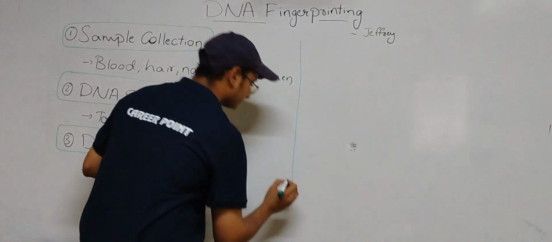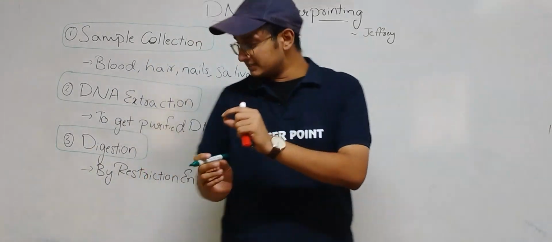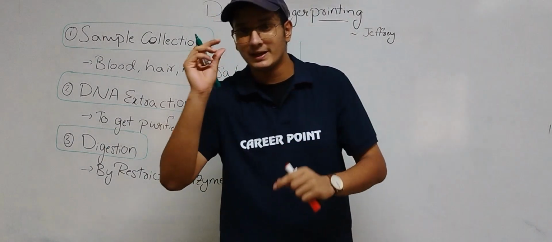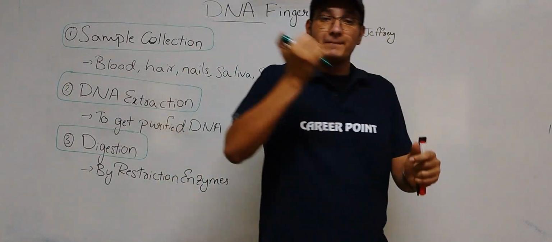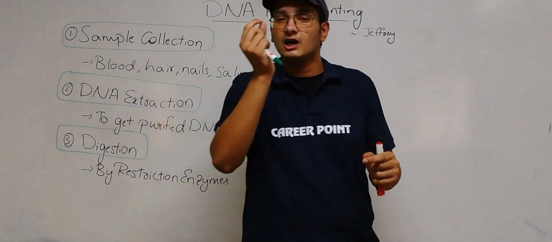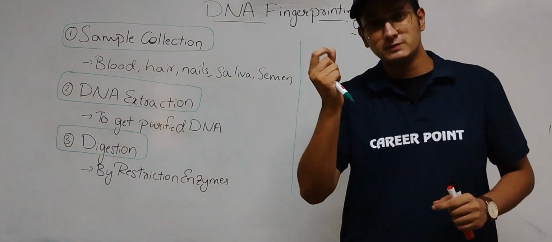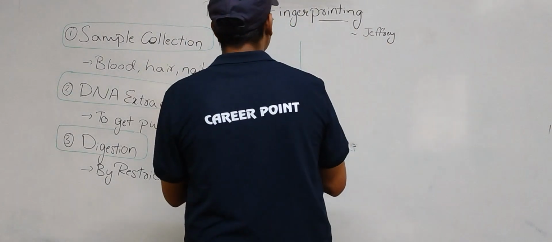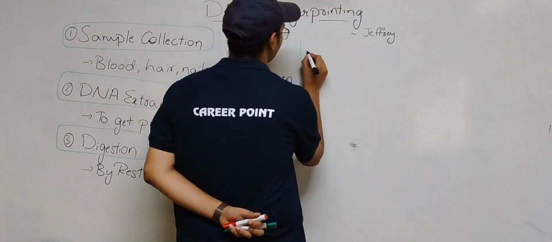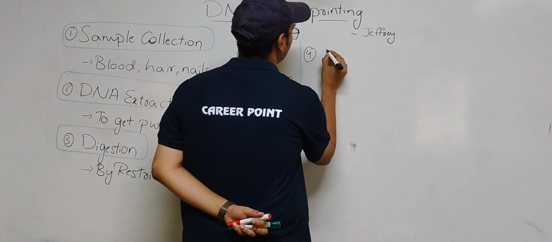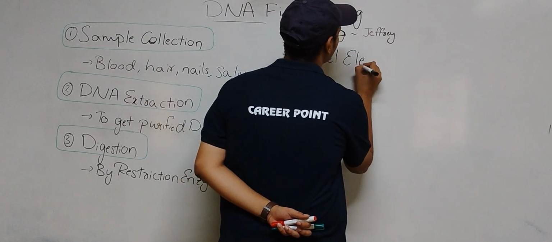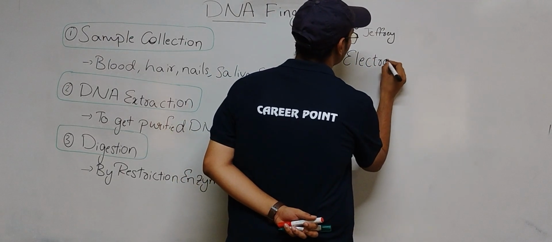So the DNA which is digested with the help of restriction enzyme is still in the small tube, the MCT. Now we will pipette it out. We will take a small amount of the digested product and cast it in a gel. This process is known as gel electrophoresis.